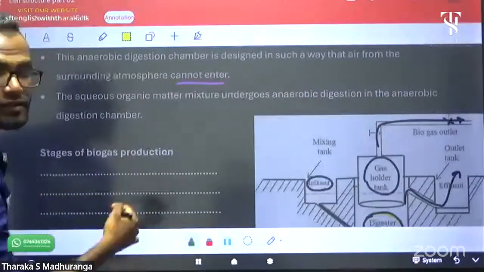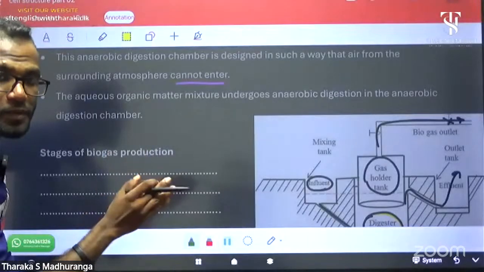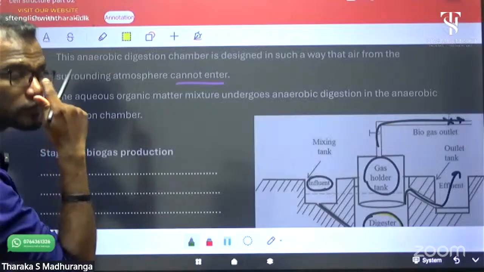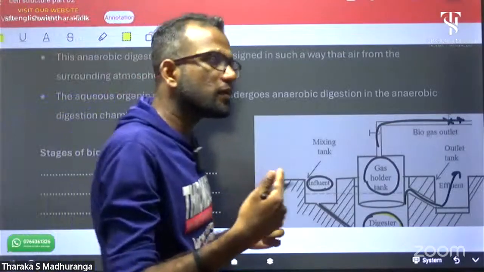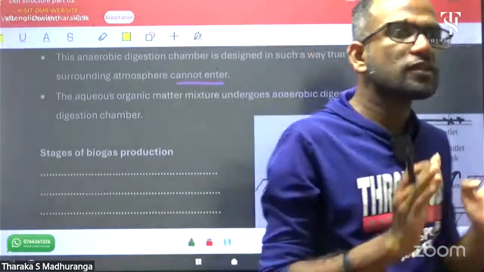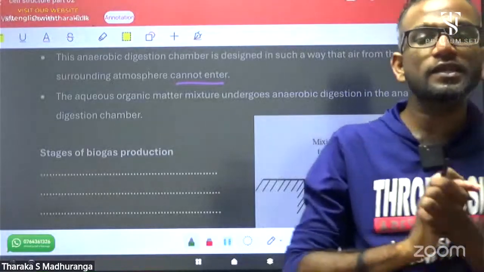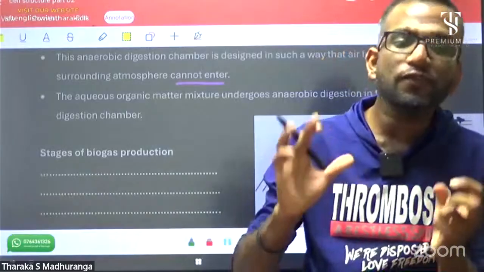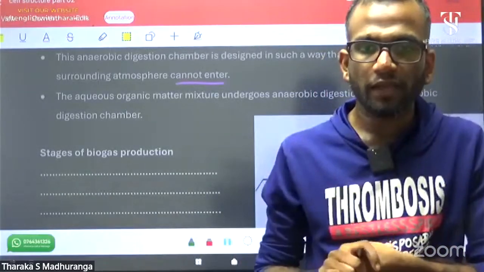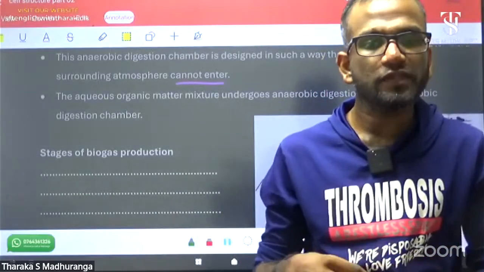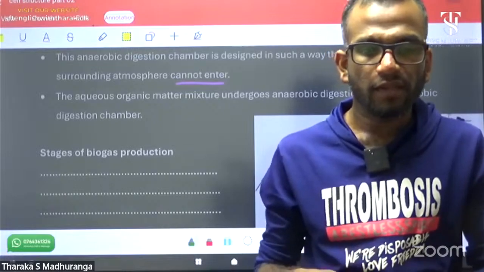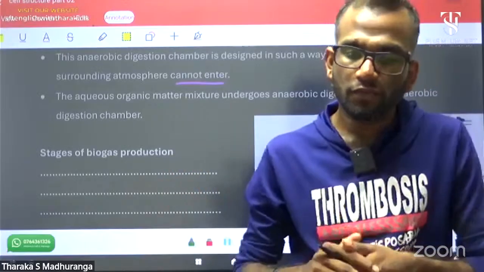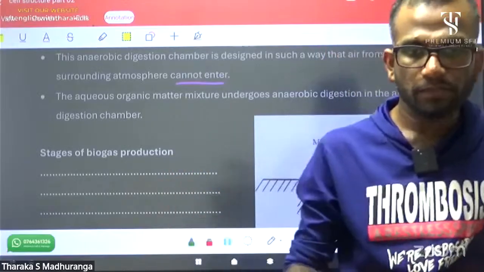If air enters, it will not produce biogas. The biogas-producing bacteria will be destroyed, because last day I explained that the methane-producing species are completely anaerobic microorganisms. Oxygen is toxic for anaerobic microorganisms. I already explained that. So we have to maintain a completely sealed anaerobic condition if we need to produce biogas, right?